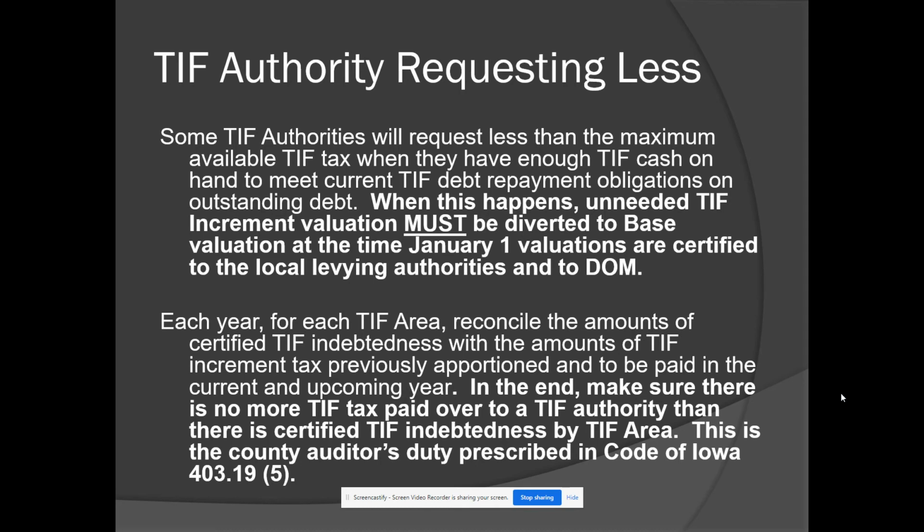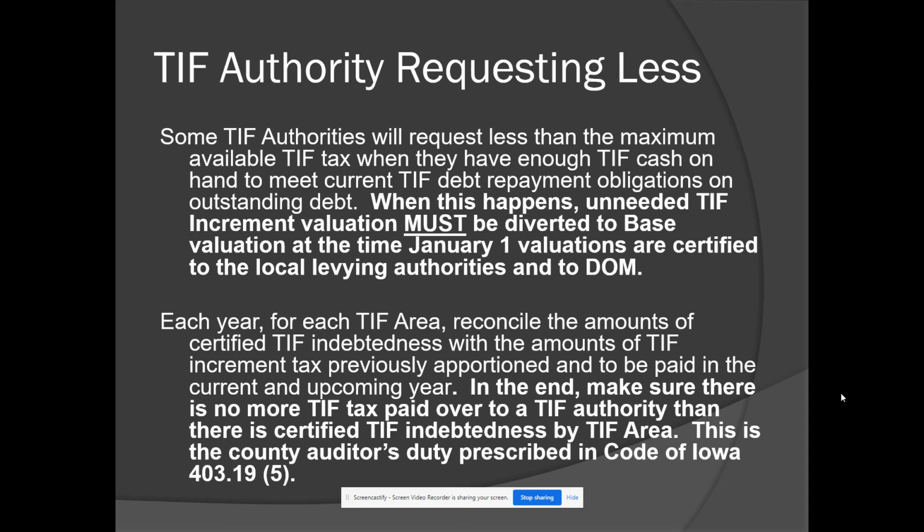When this happens, unneeded TIF increment valuation is diverted to the base valuation within your local system at the time the January 1st valuations are certified to the Department of Management. So before you upload values to the Department of Management system, in your local system, you're going to be pushing value back from the increment to the base if it's not needed to service the debt requests of those TIF authorities.